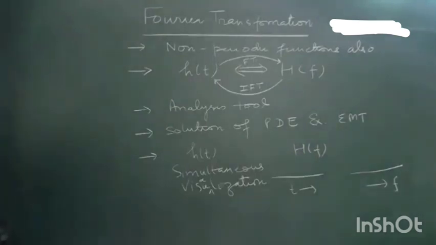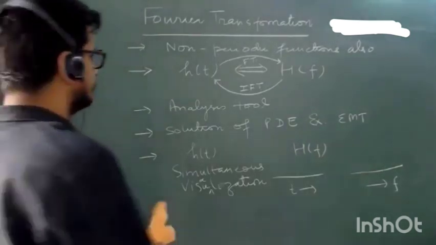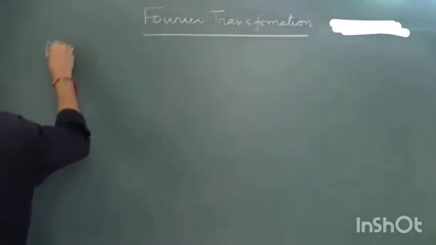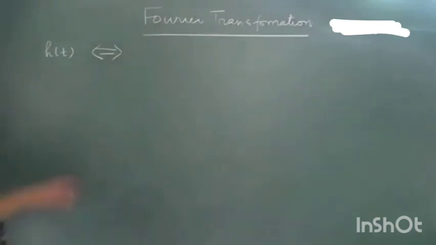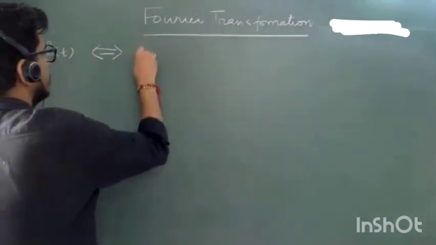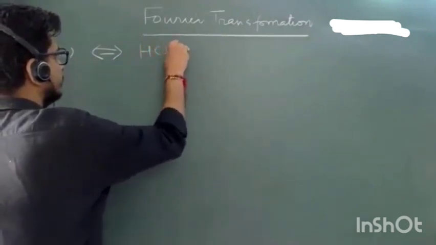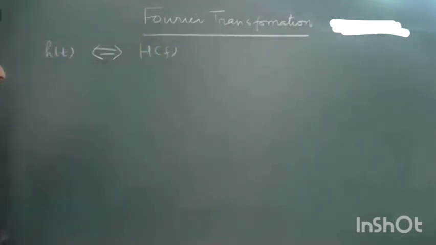Now if I move further, suppose you have a function h(t). Its Fourier transformation, suppose this notation represents the Fourier transformation, is H(f).